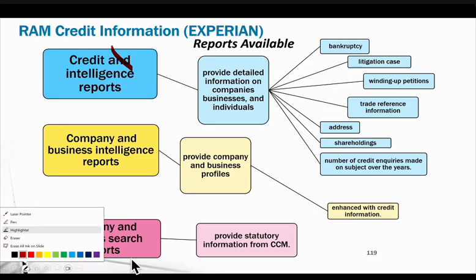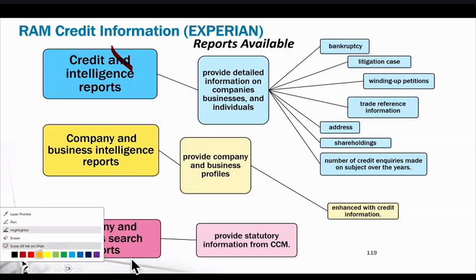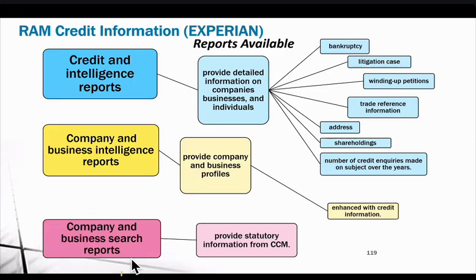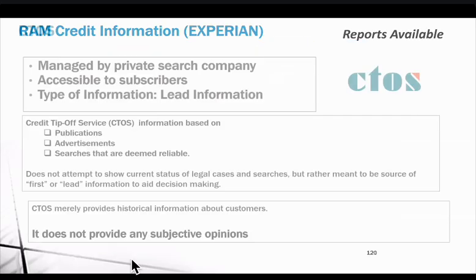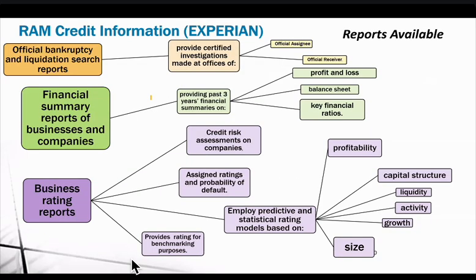So it will be credit and intelligence report, company and business intelligence report, company and business search reports, bankruptcy and liquidation search reports, financial summary reports of business and companies, and business ratings report.